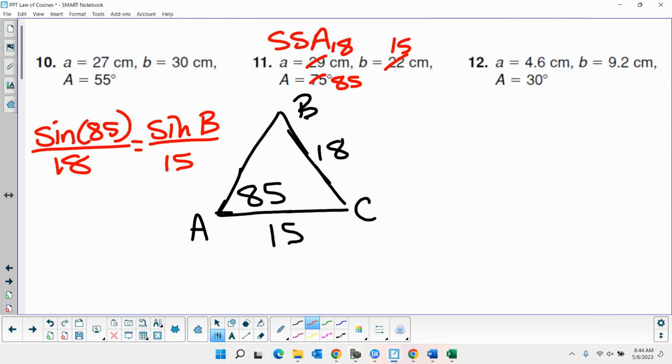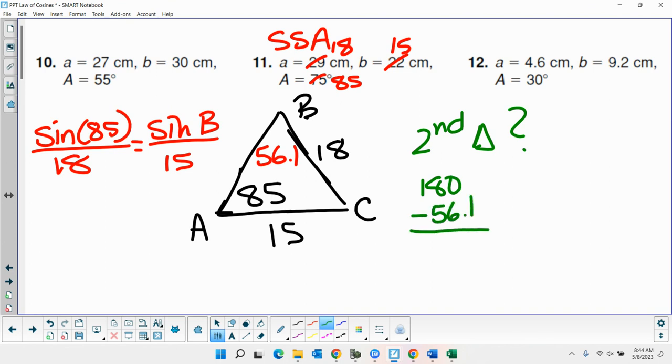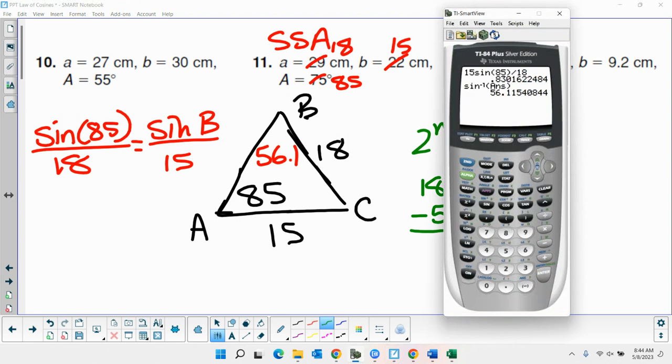Okay. Now, here's where I check for the second triangle. So I go 180 minus the 56.1. 180 minus that answer. I hit second answer.